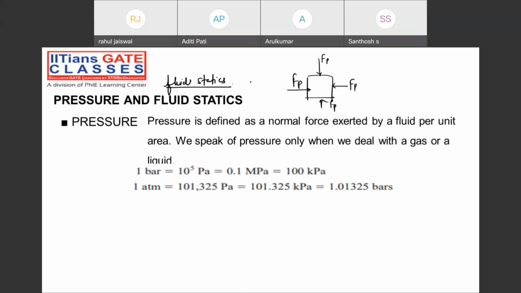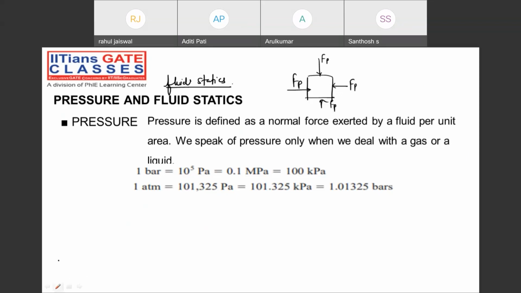By default, what do we say? Whether it is a compressive one or tension one.